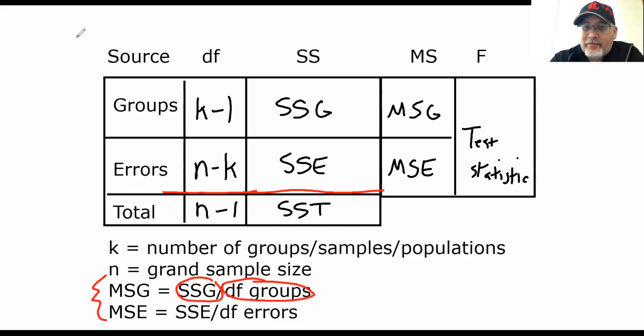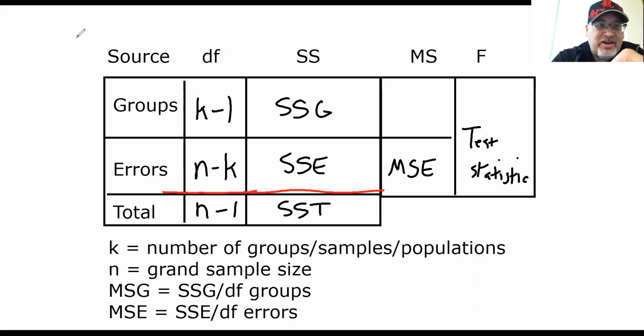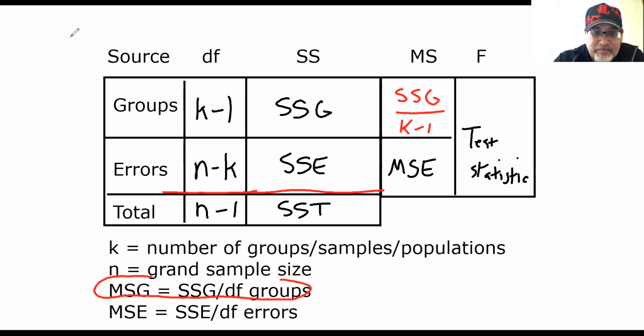So specifically, if we wanted to calculate this guy, we would take SSG and divide it by this. In fact, if you wanted to, you could just replace MSG with its formula, which is SSG over K minus 1. That's all this really says down here.